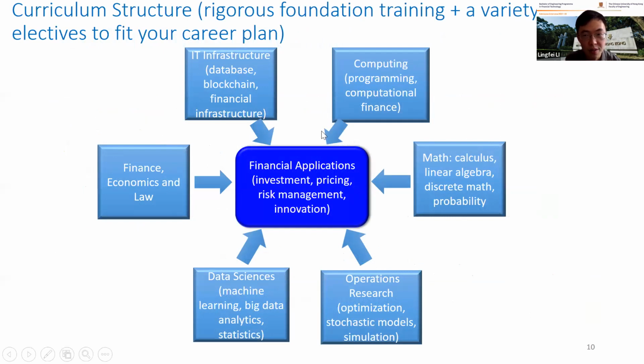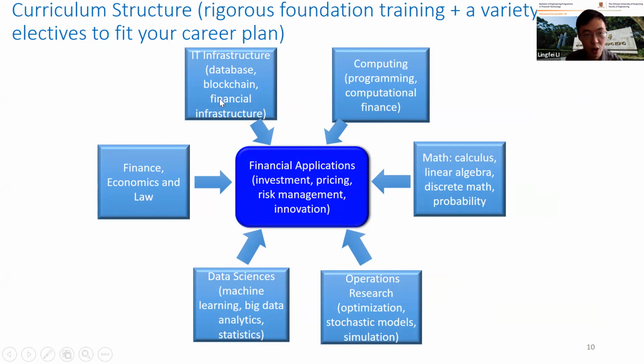So our curriculum is rigorous. We offer all kinds of things in our curriculum. We provide students with very solid math foundation and also programming foundation. This is about computer programming, writing computer codes, and also some computational techniques.